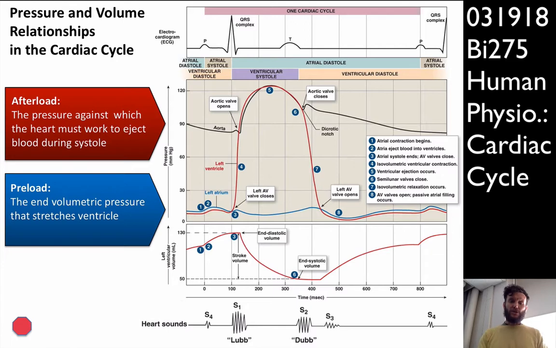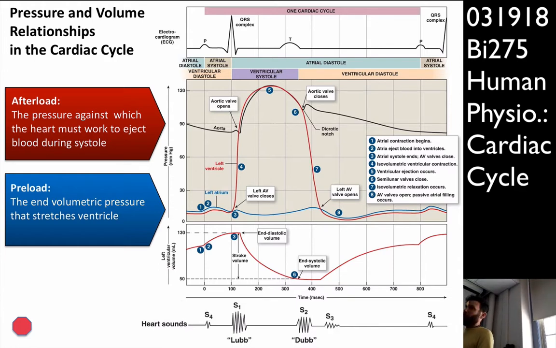Okay, so this slide here is sort of the culmination of the whole lecture. It brings everything I've talked about into a single slide, and I suggest that you familiarize yourself with it. So on the x-axis is time, all right?